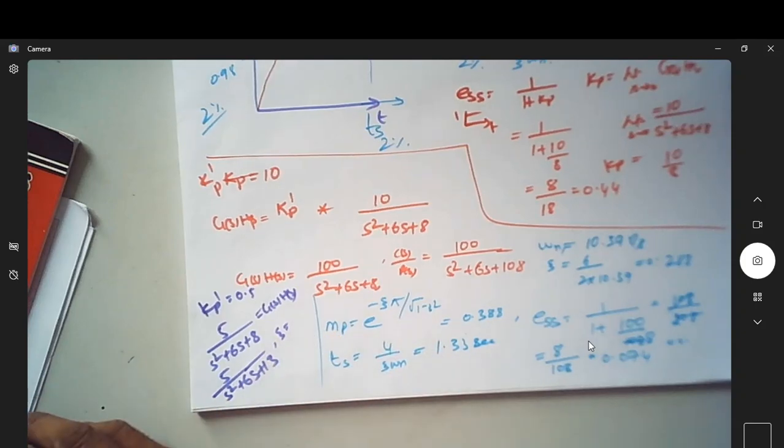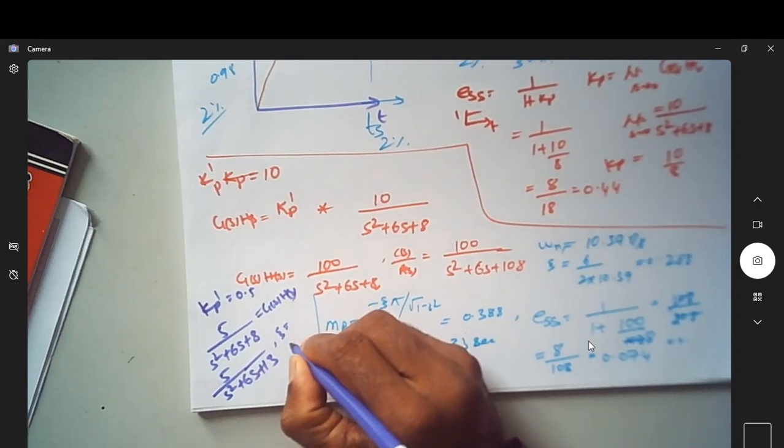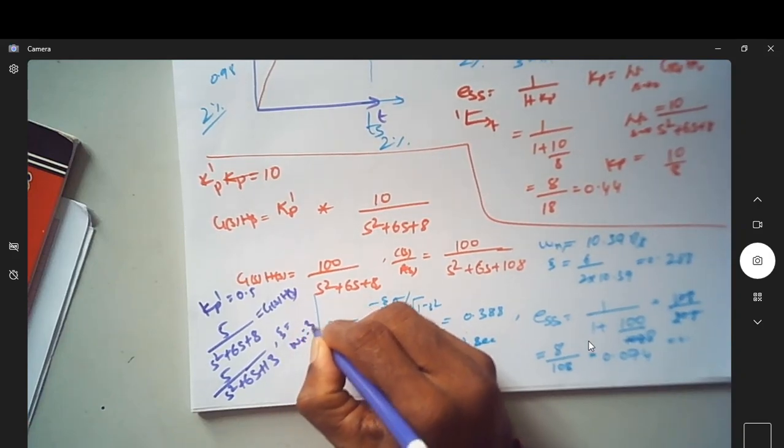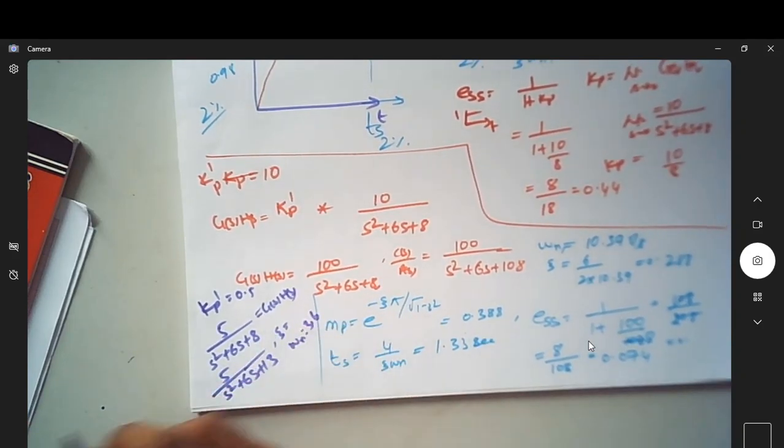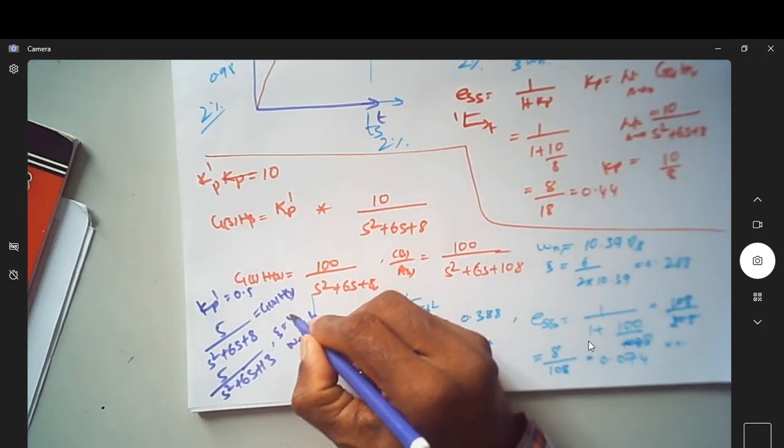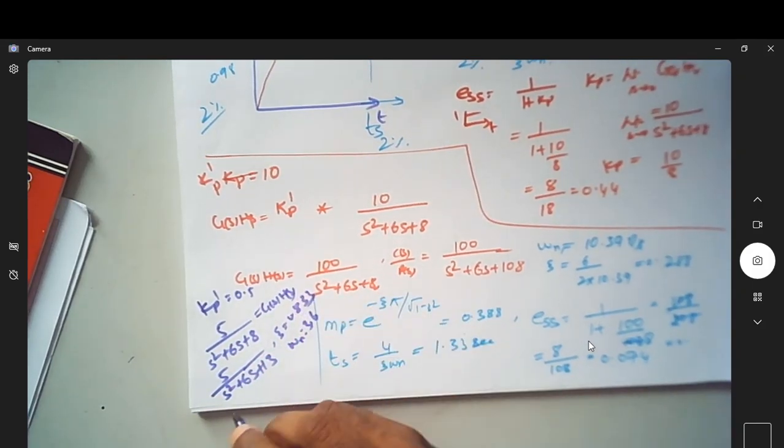Omega n is under root of 13, which is 3.6. Zeta happens to be 6 divided by 2 into 3.6, which happens to be 0.833.